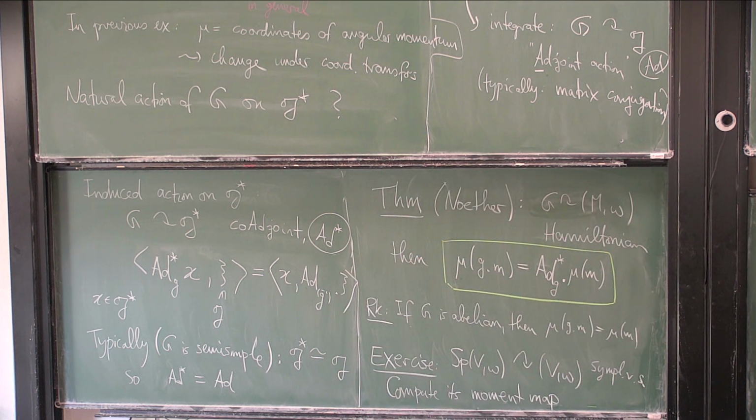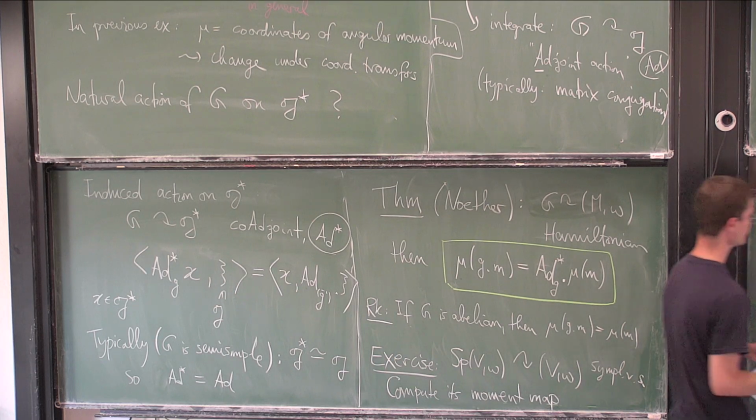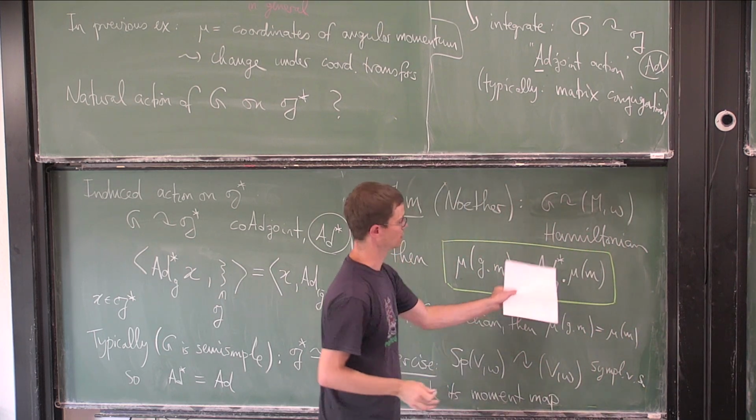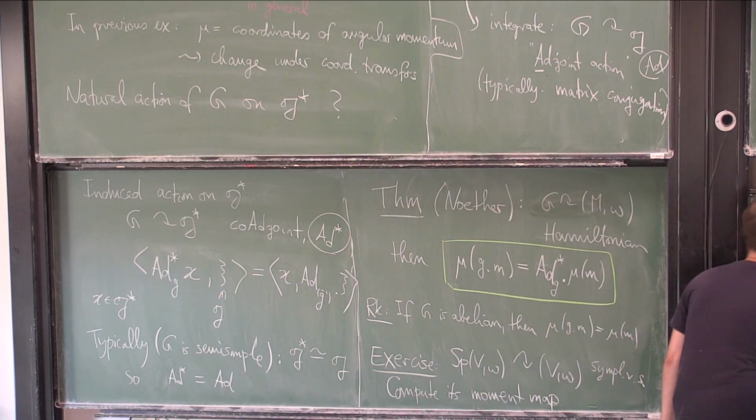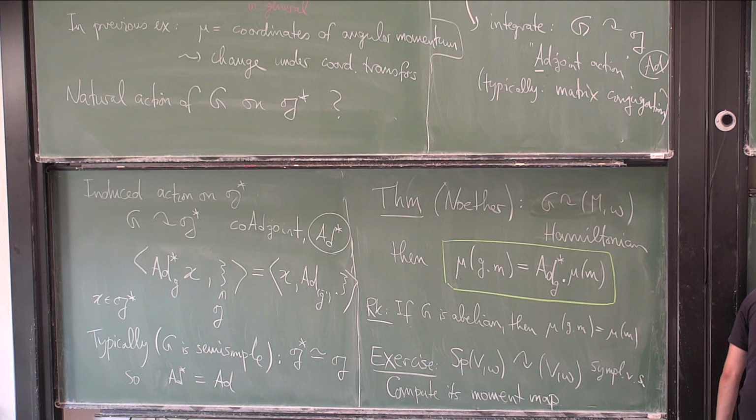Since Ad star G of 0 is 0, if your conserved quantities are all 0, they stay 0. Okay, and the second remark is that the subset is not symplectic.